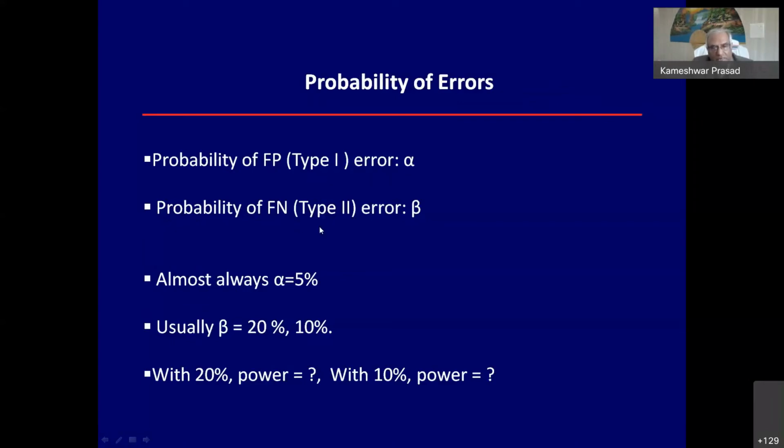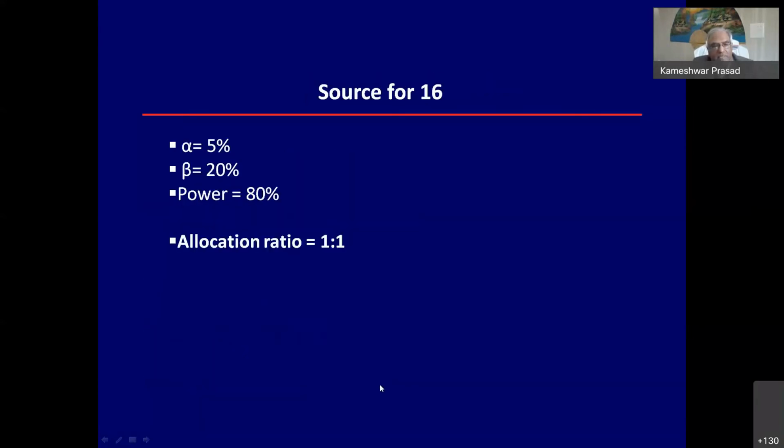Probability of false negative error, called type 2 error, is beta. Almost always alpha is 5% and beta is 20% or 10%. And if beta is 20%, then power is 80%. If beta is 10%, then power is 90%.